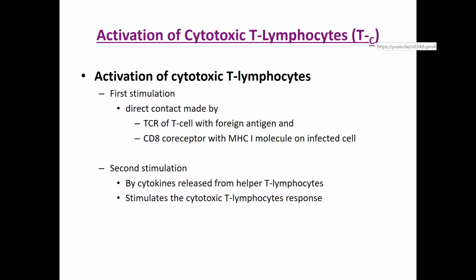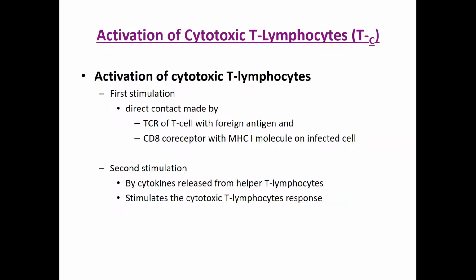Okay, activation of cytotoxic T-cells then requires stimulation, first of all, by binding to its specific foreign antigen through the antigen receptor, the TCR, on the surface of the T-cell. Binding is TCR to the antigen and the co-receptor, CD8, to MHC1.